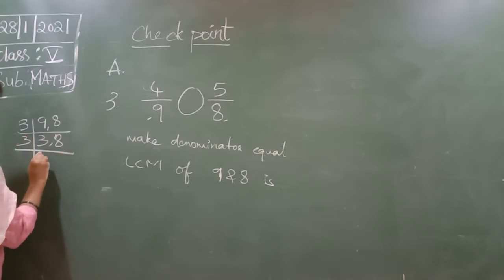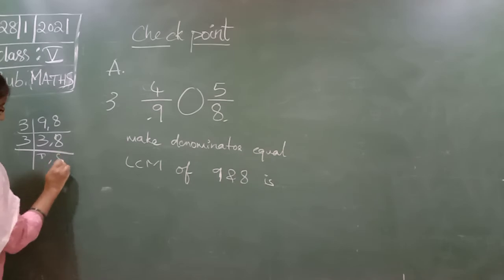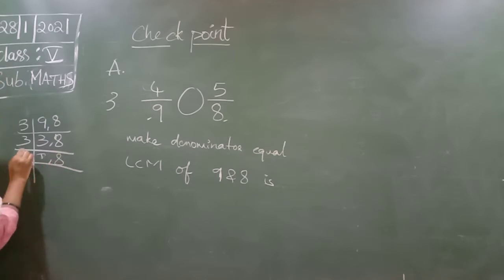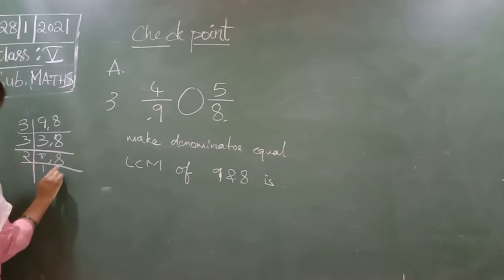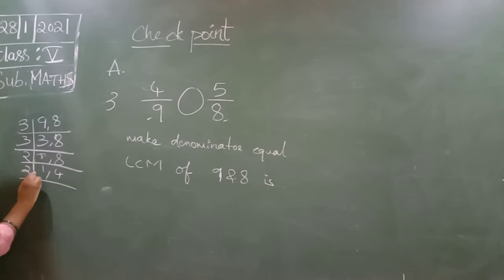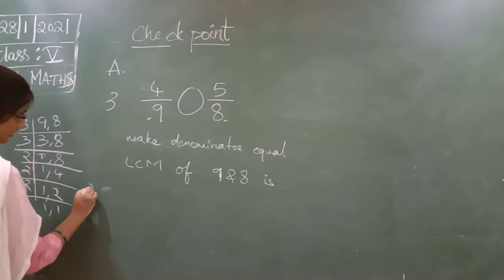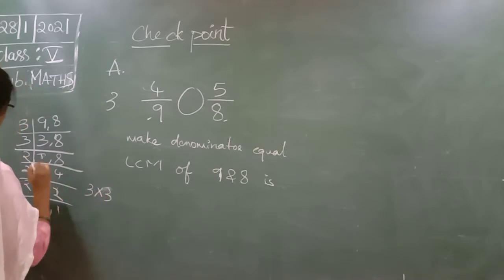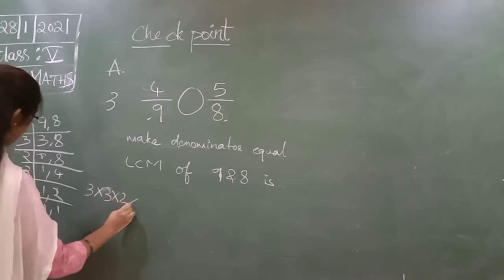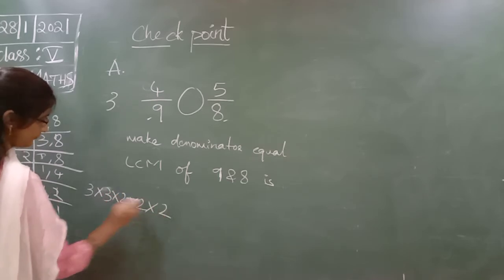Again 3, 1, 8. Next 2, 1, 4. Again 2, 1, 2. Again 2, 1, 1. So 3 into 3 into 2 into 2 into 2.